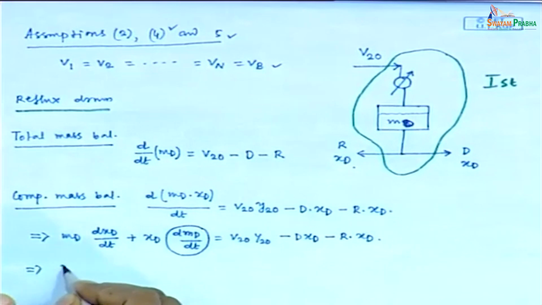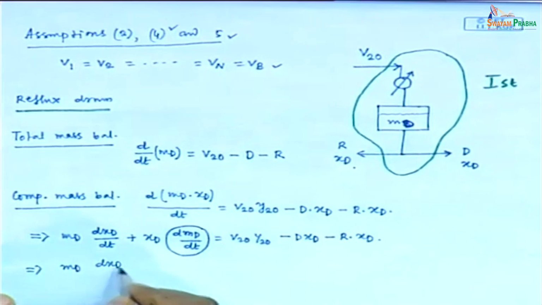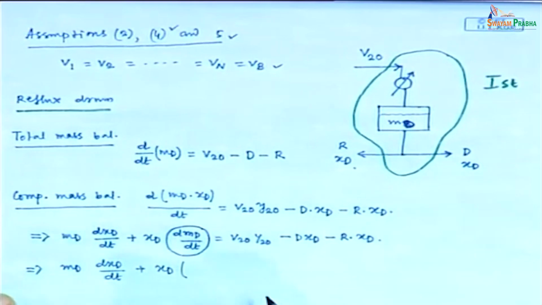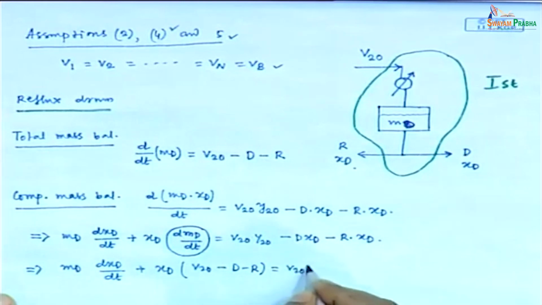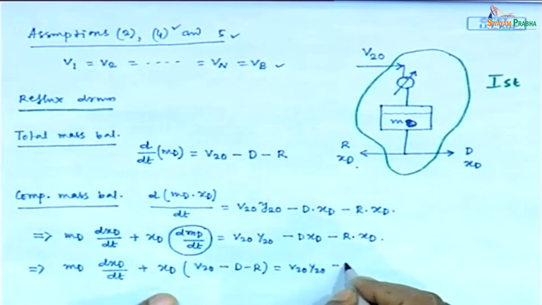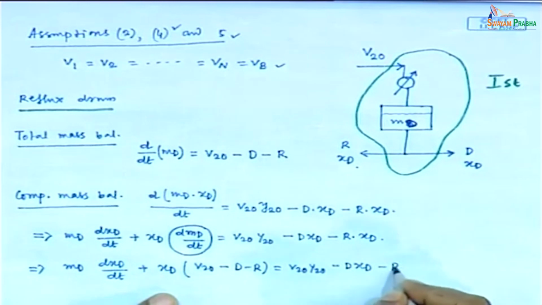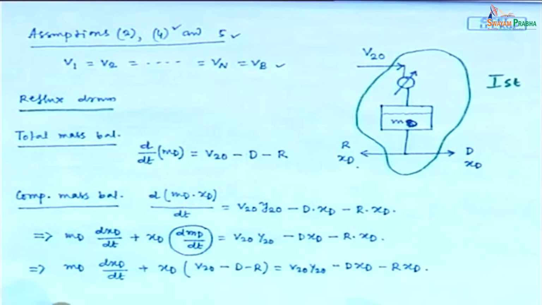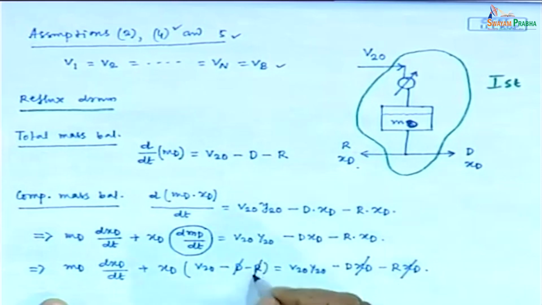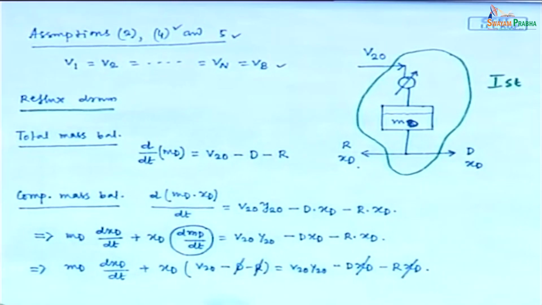So, MD dxD/dt plus xD, what is dMD/dt? That is V20 minus D minus R, equal to V20 Y20 minus DxD minus RxD. So, this DxD and this DxD will be cancelled. Similarly, this RxD and RxD.